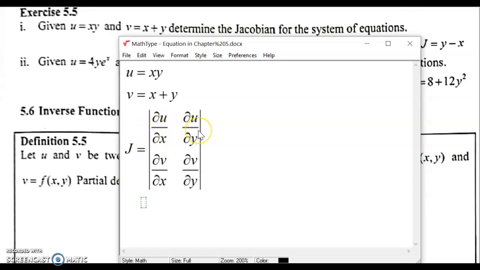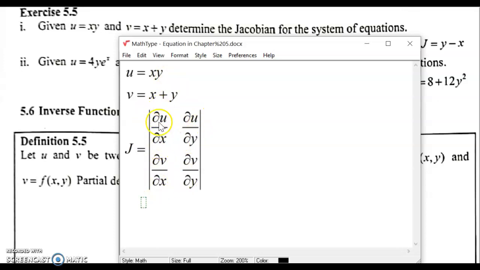I arrange the functions horizontally, where I have partial u on the first row and partial v on the second row. You can also do it vertically, where you have partial u on the first column and partial v on the second column. Okay, it doesn't matter. So now we have this to figure out for the Jacobian function. Simply find all of these components.